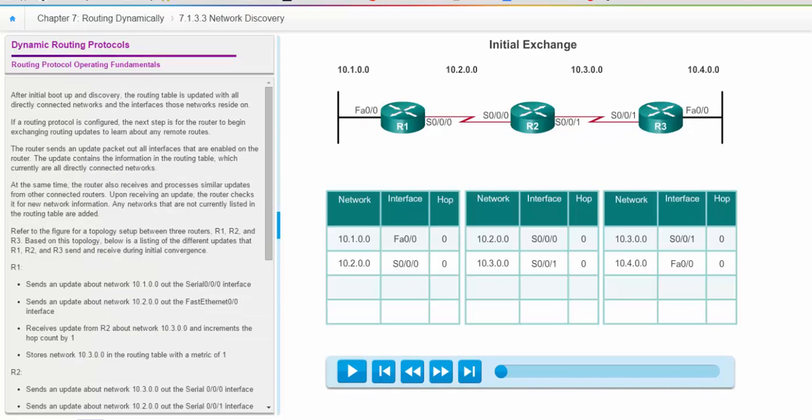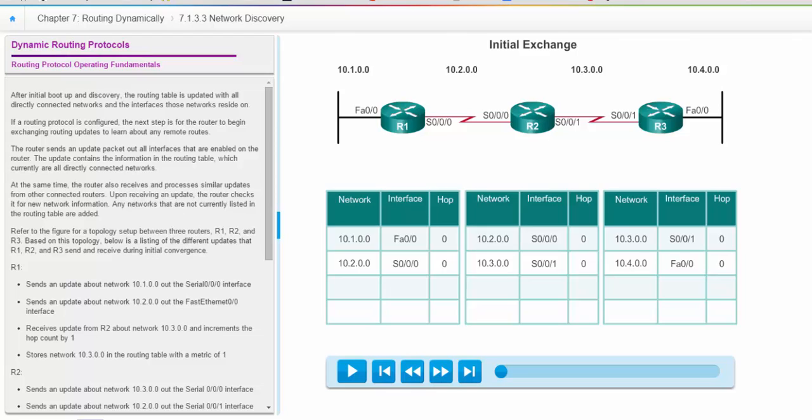Now that it's learned its neighbors, the routing table is updated with all the directly connected networks and the interfaces those networks reside on. If the routing protocol is configured, the next step is for the router to begin exchanging routing updates to learn about any remote routes. It does this by sending update packets out all of its interfaces that are enabled on the router, and that's important.